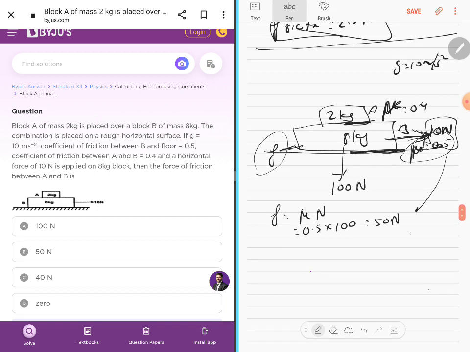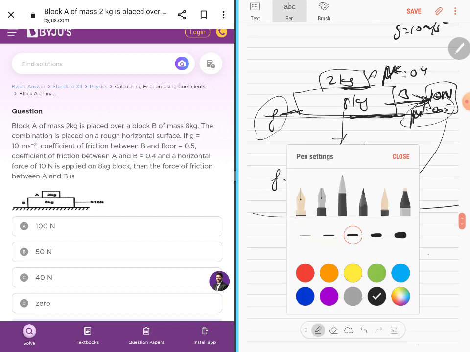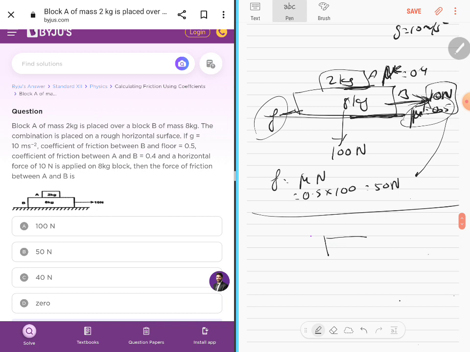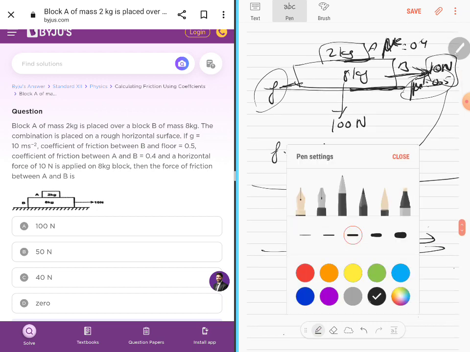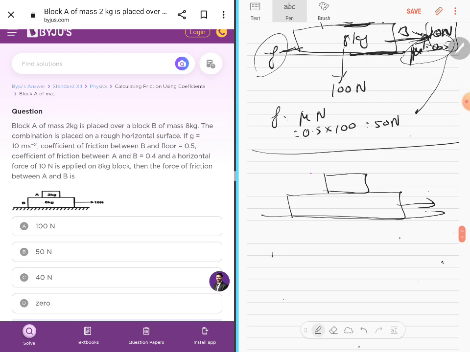Okay, but this is the easy way to do this. However, I'll just show you how to do the vector resolving. This is the applied force, and you have to take the free body diagram. Supposing you are taking the 2 kg block, there will be 2g, or 20 Newton, acting downward, that will be equal to its normal reaction.